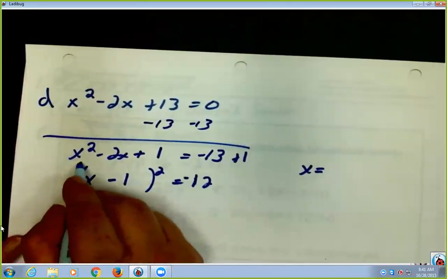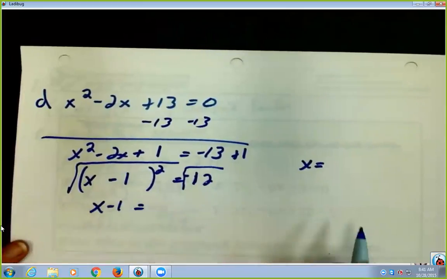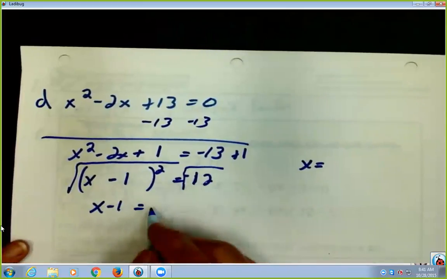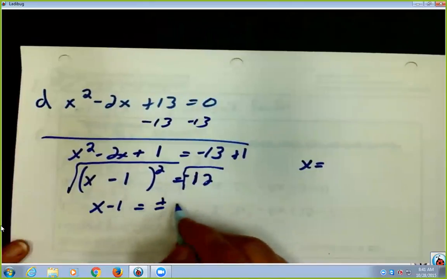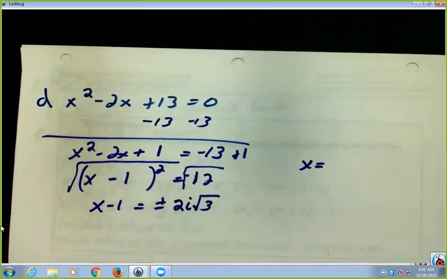Square root rule. Square root of a negative 12 is plus or minus 2i, the square root of 3, because it's negative, and we can pull out a 4 out of here, which means a 2 goes out in front.